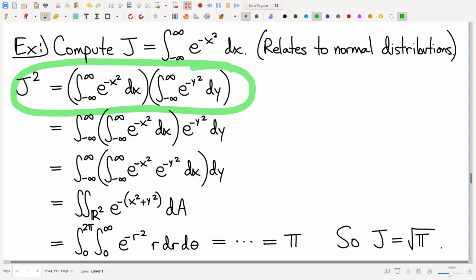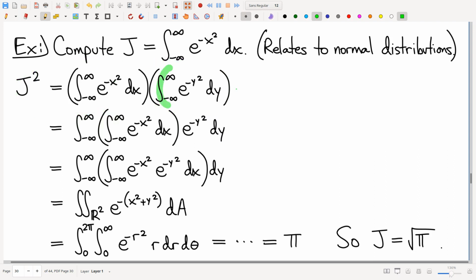This basically is just a tool for allowing me to write down that I want to find, speaking casually, the area under a certain curve. And what I use for my variable doesn't change the shape of the curve. Okay, so that is J squared. Now, recall, if I'm interested in this Y integral, this thing here, this X integral, it is in fact just J. It's just a number.